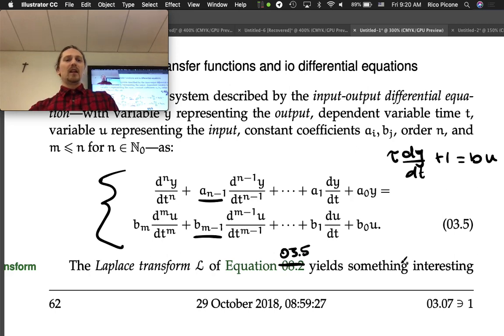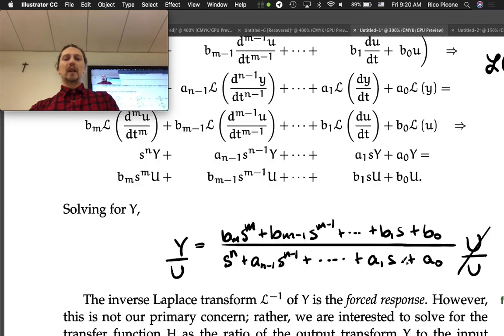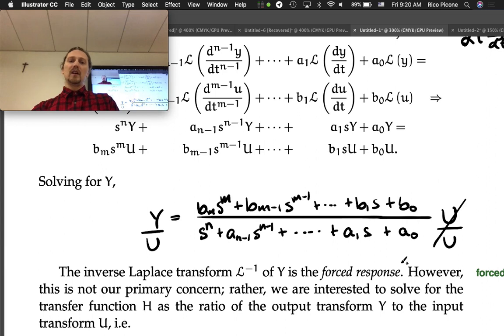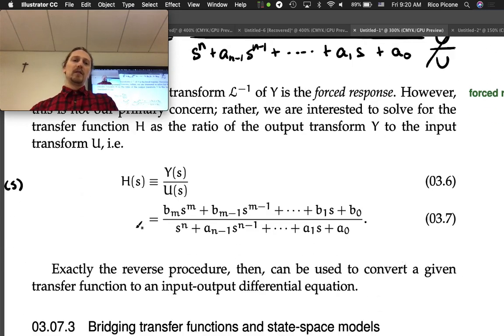Then we come down to the transfer function, and we see the BMs show up in the numerator, the ANs show up in the denominator. The powers of s are just n and m reducing down to 0. So that's just the same order as the time derivatives on the terms. So you can just skip down to this.